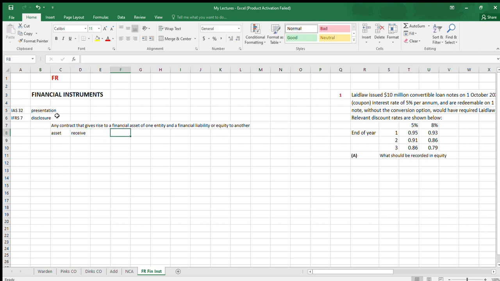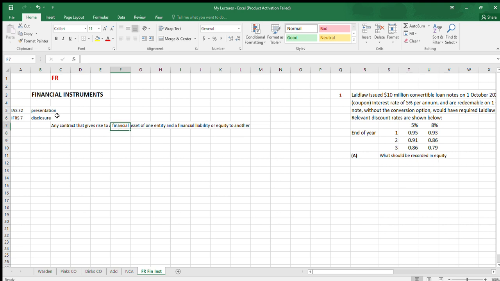The other 10,000 which we are issuing becomes a liability, because there is an economic outflow. So any contract that gives asset and liability is a financial instrument. These are just the theory aspects that they won't bother to even ask you.